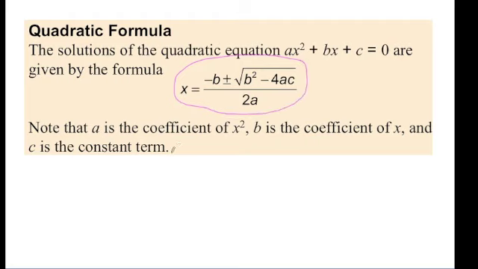Have it memorized. Note that a is the coefficient of x squared, b is the coefficient of x, and c is the constant term. This formula is derived by taking the equation ax squared plus bx plus c equals 0 and doing the completing the square steps. So this is really almost a shortcut to completing the square.